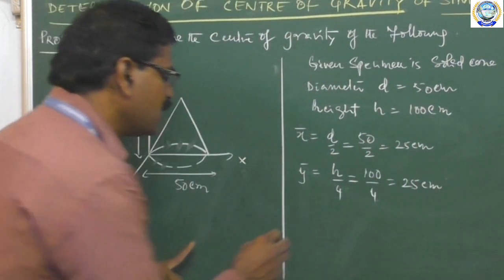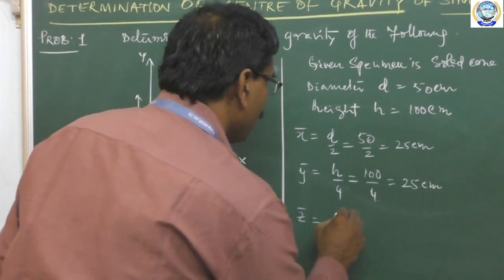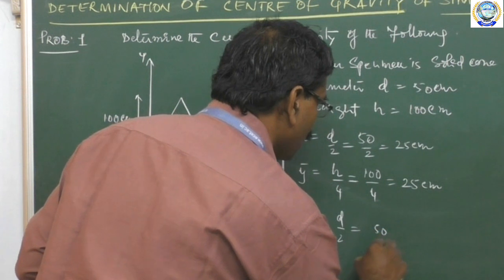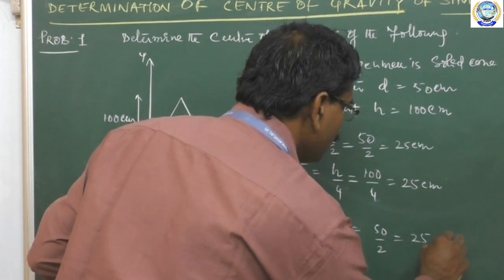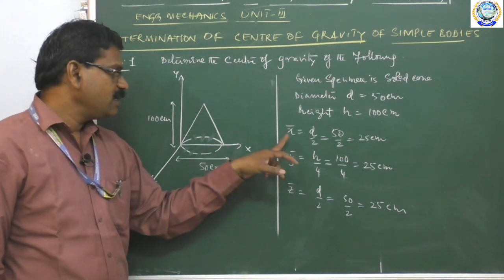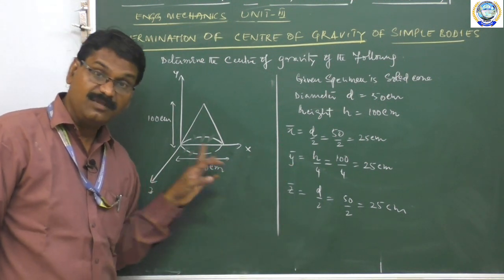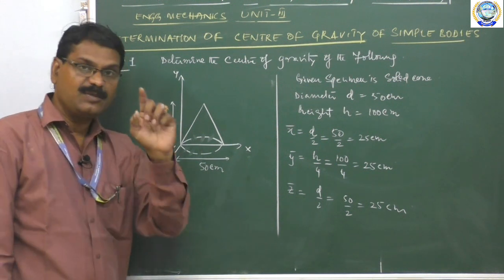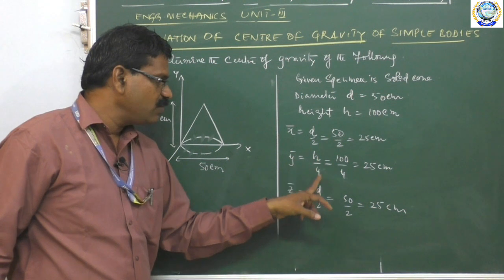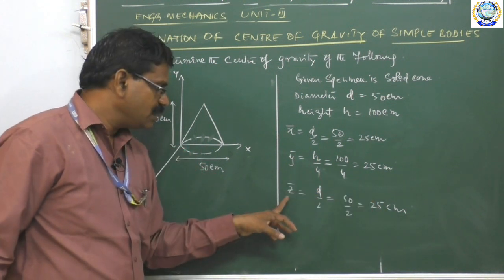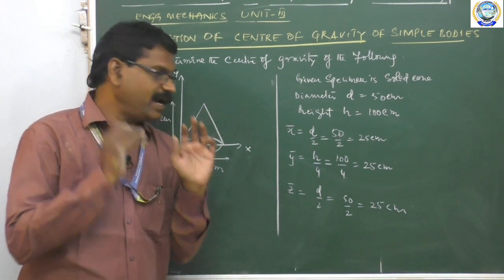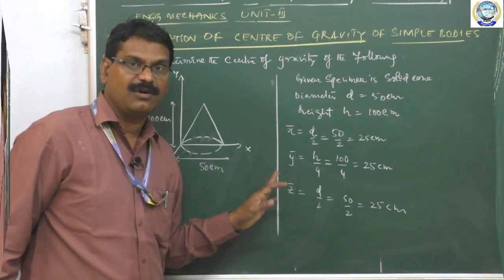And my Z bar is again D by 2, that is 50 by 2, which is equal to 25 centimeters. So as we have the standard formulas, X bar is equal to D by 2, we got 25, Y bar is equal to H by 4, we got 25 centimeters, and Z bar is equal to D by 2, we got 25 centimeters.